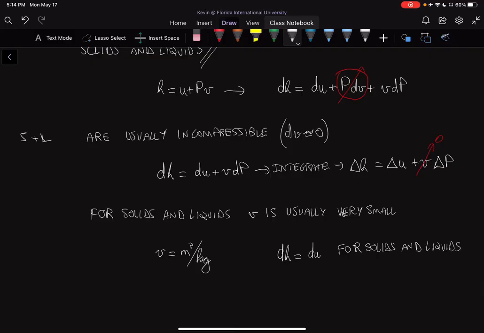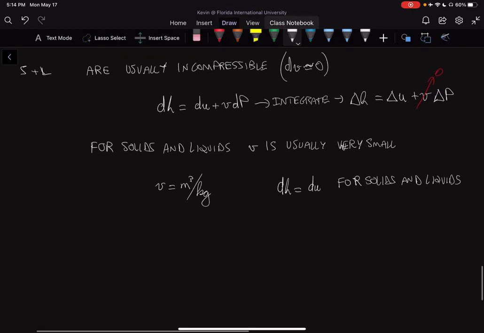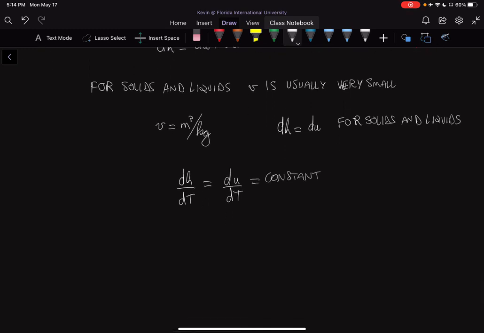Now what if we divide both sides by dt? So dH over dt is equal to du over dt, which is equal to a constant. And this constant is actually the definition of Cp is equal to Cv for liquids and solids.